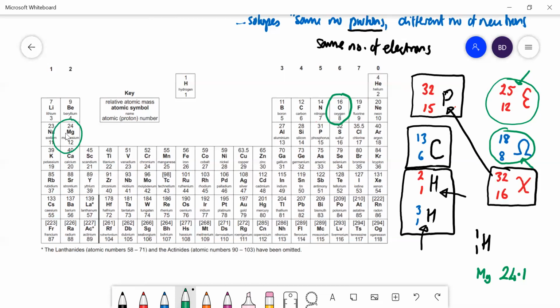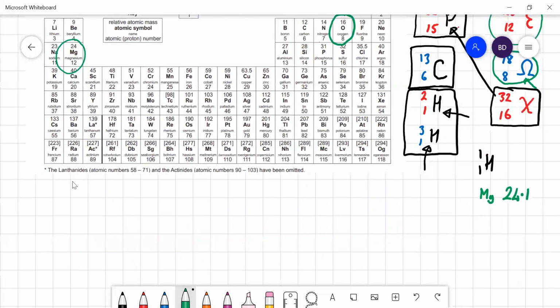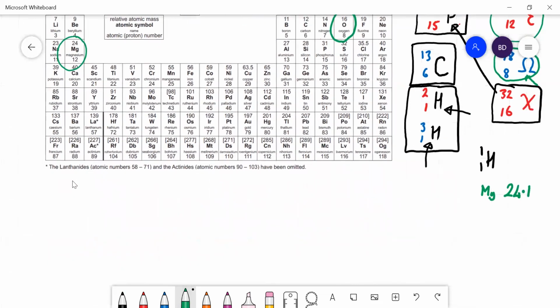So just to summarize, just so you don't get mixed up, there's two differences. There's the mass number, and that's of a nucleus, really just one nucleus, and that's equal to the number of protons plus the number of neutrons. And then we have something called the relative atomic mass.